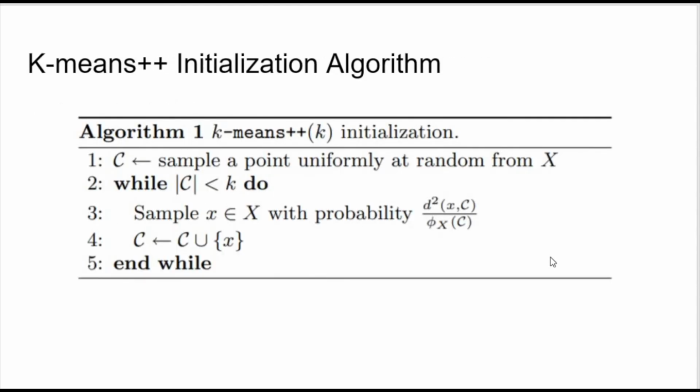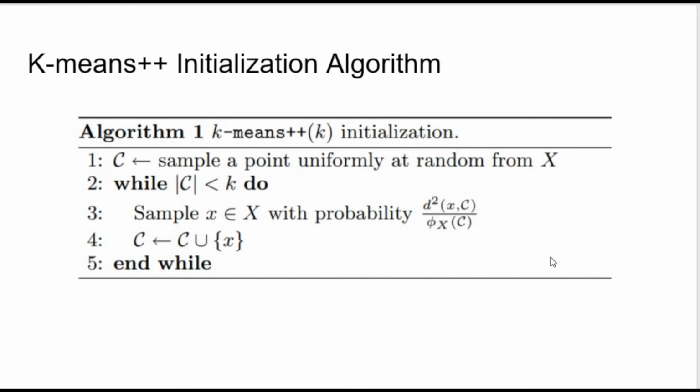So this is the official k-means++ algorithm, which shows formally how each iteration is performed. First, we randomly select the first center from the data points at random. Then, for each data point, we compute its distance from the nearest previously chosen center.